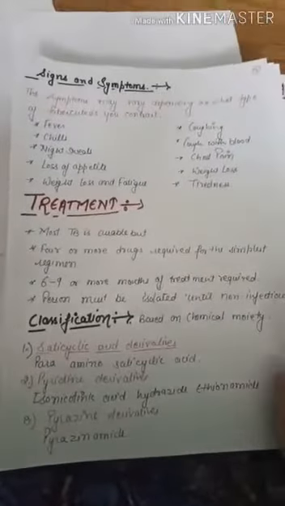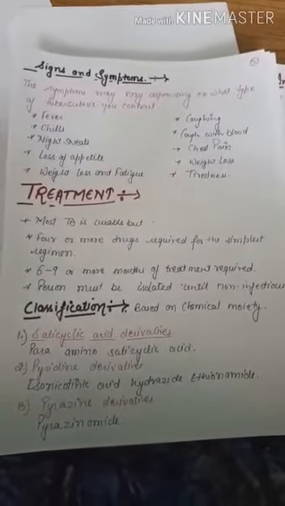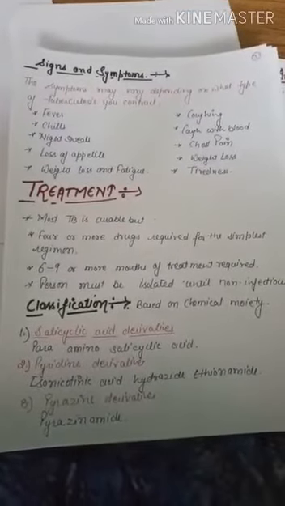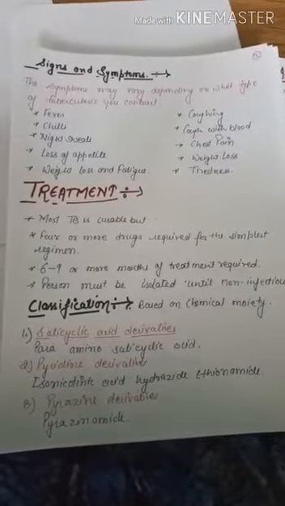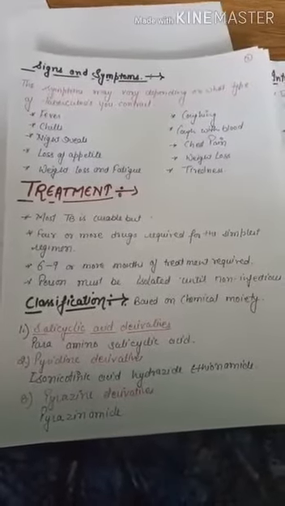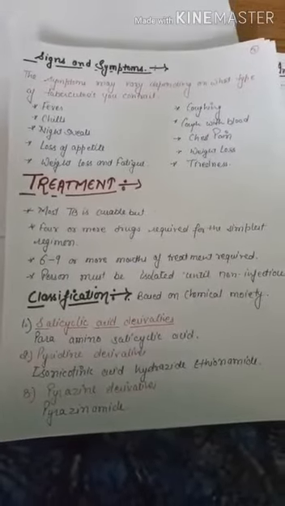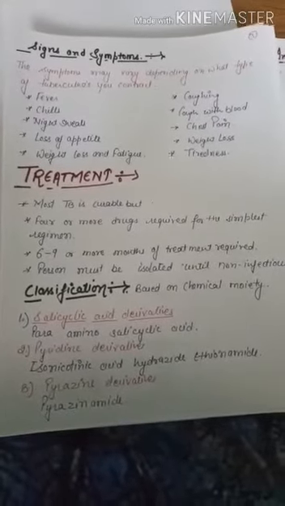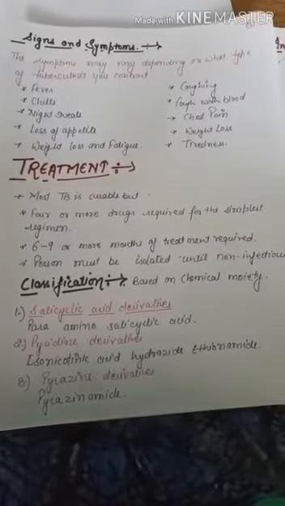And these are the signs and symptoms. The symptoms may vary depending upon what type of tuberculosis you have. The signs and symptoms include fever, chills, night sweats, loss of appetite, weight loss and fatigue, coughing with blood, chest pain, weight loss and tiredness.